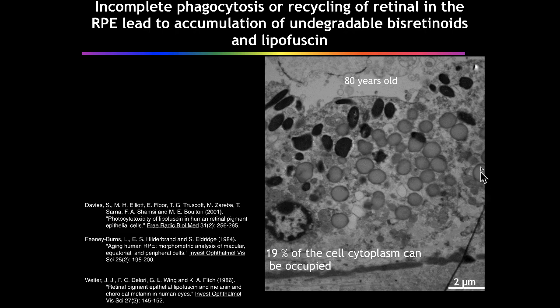Here you have an RPE cell in an electron micrograph from an 80-year-old woman, and we see that in the cytoplasm there are many lipofuscin granules. In such RPE cells of aged people, up to 19% of the cell cytoplasm can be occupied by lipofuscin.